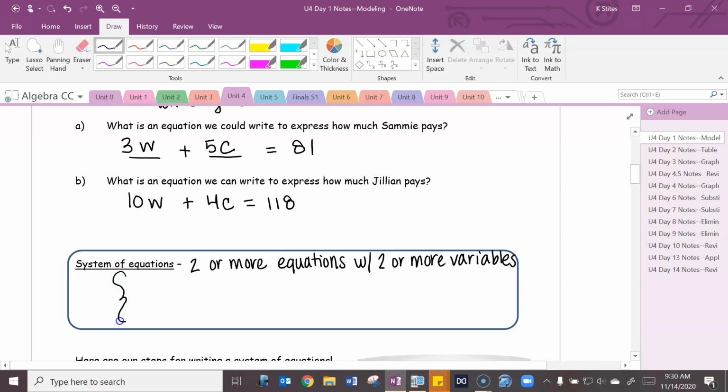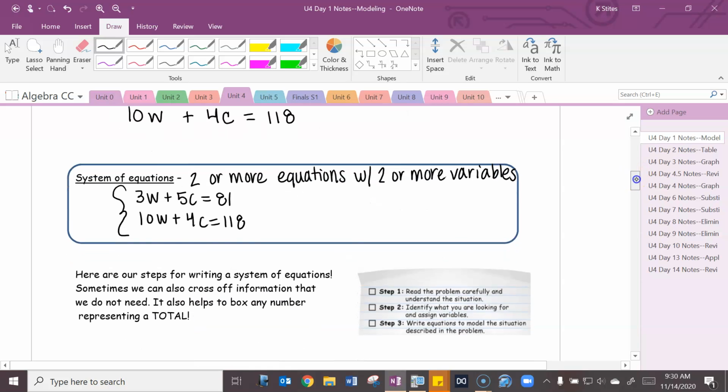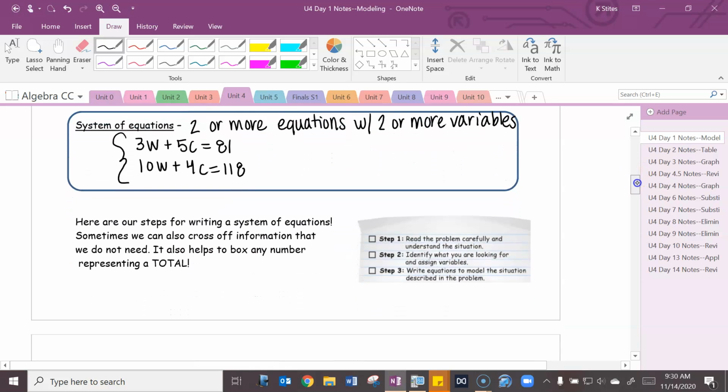Sometimes we use this symbol here, and we put the 2 equations together. So this is my system of equations that I have written for the previous problem. And again, we call it a system because there are 2 of them. In this next unit, we will be learning how to solve these equations, but for now, we are just writing the 2 equations.